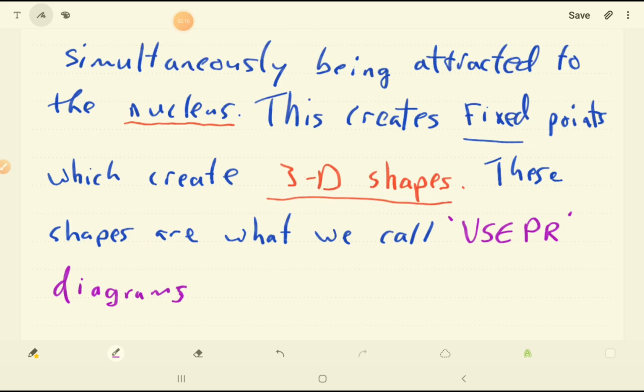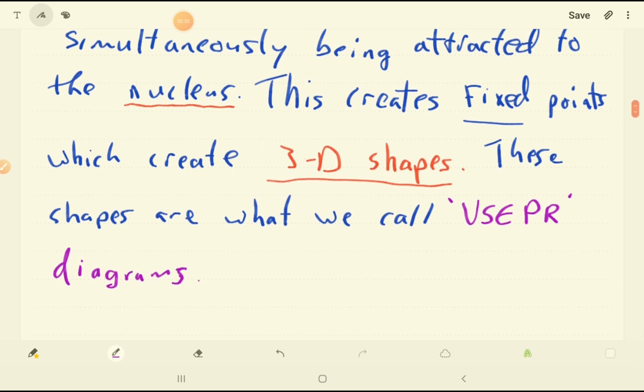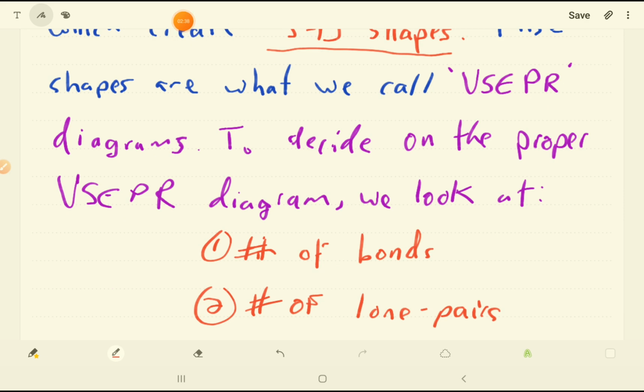And these 3D shapes are what we call VSEPR diagrams of compounds. And so to decide on the specific shape or diagram, we consider two things. And these two things are the number of bonds and the number of lone pairs.